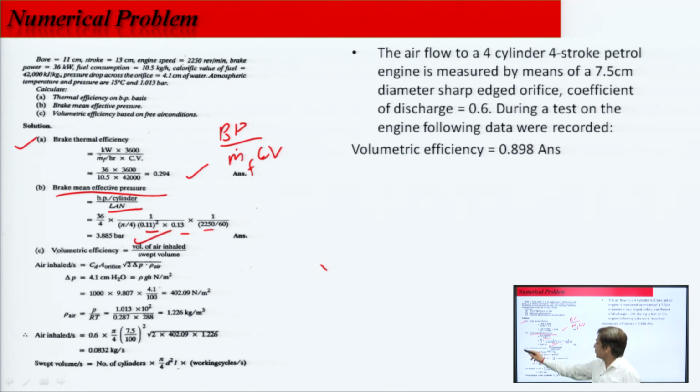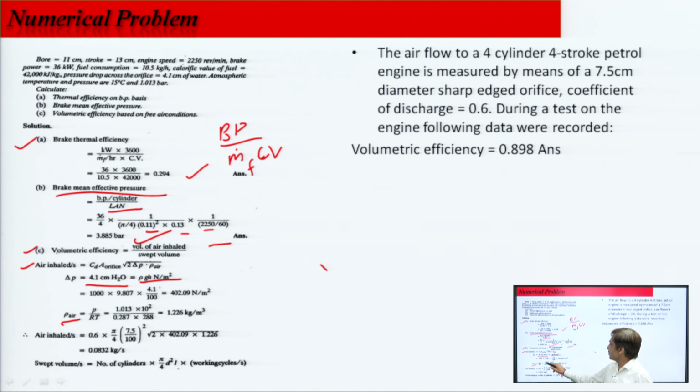Now, volumetric efficiency is the measured volume of air inhaled upon swept volume. Volume of air inhaled is measured with the help of this formula, Cd into A orifice, we have already discussed it in the air box method, under root of 2 delta P rho air, where delta P is given in terms of water, rho g h, and rho air can be calculated as P upon RT.